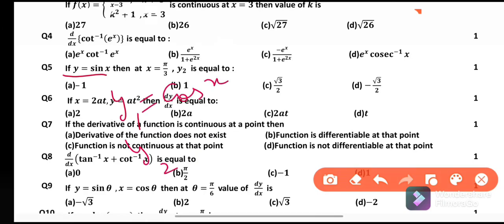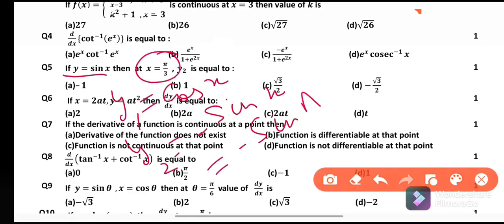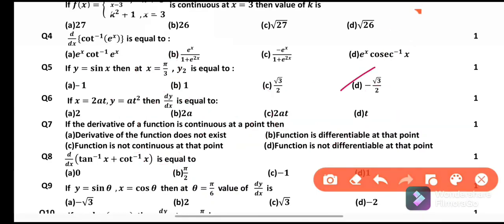Then again differentiate, y2 is equal to minus sin x. Now at x is equal to pi by 3, sin pi by 3 is equal to under root 3 by 2. So the answer is minus under root 3 by 2, that is D option.